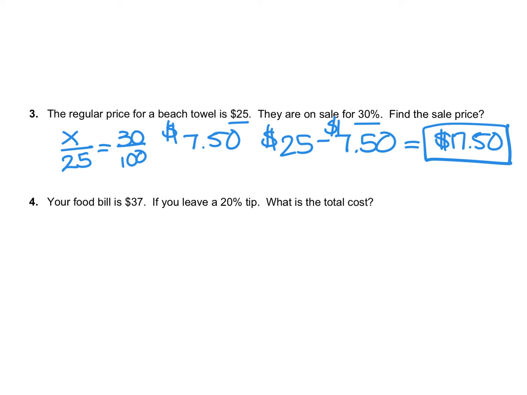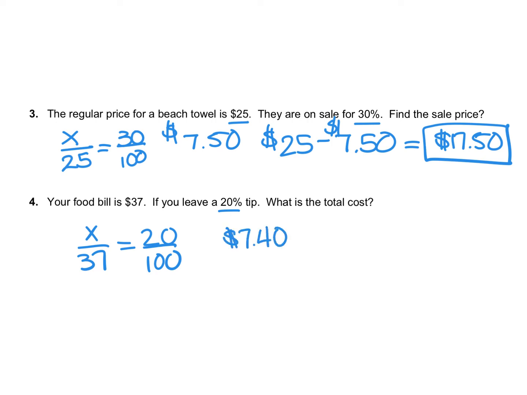All right, number 4, it says that the food bill is $37 and you leave a 20% tip. What is the total cost? So again, we want to know what is 20% of 37. So our 37 on the bottom here, we want to know that part. All right, so when we took 37 times 20 and divided by 100, we got $7.40.